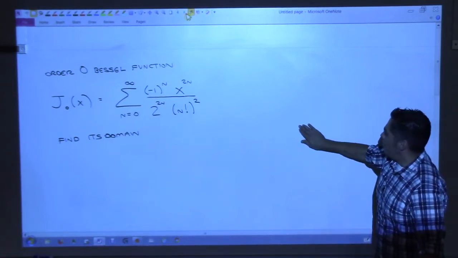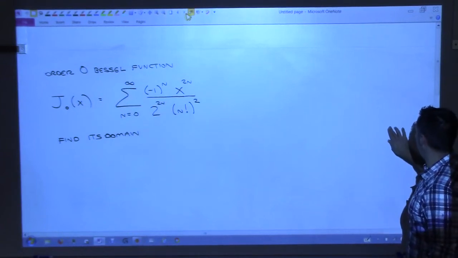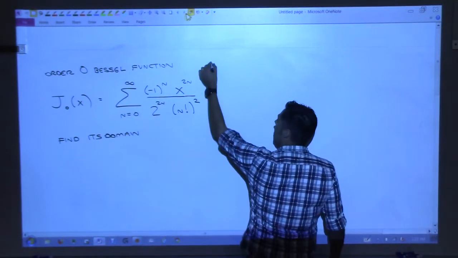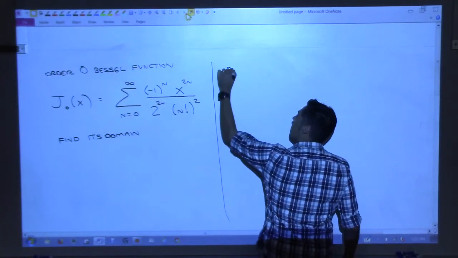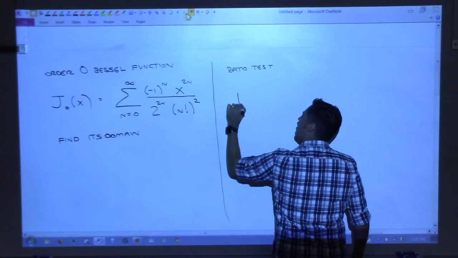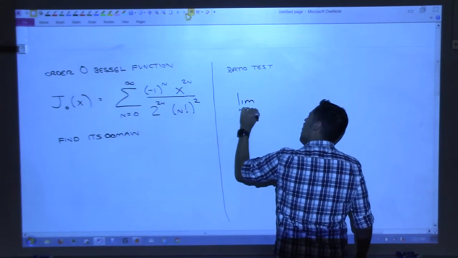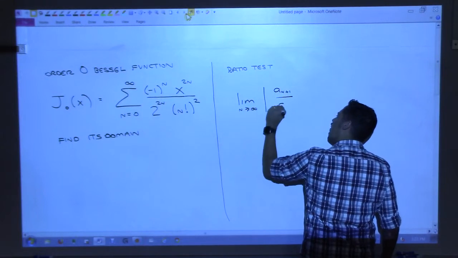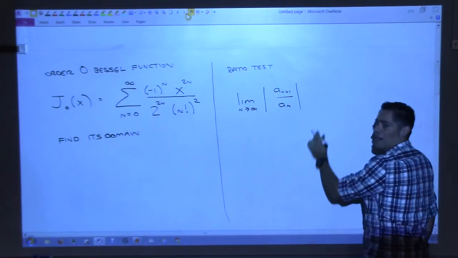Well, how do we do that? How do we determine the domain of a power series? Ratio test, right? So I've got to set up a ratio test. Remember, the ratio test is I'm going to take the limit as n goes to infinity of the absolute value of a sub n plus 1 over a sub n, and what we want is for that to be less than 1.